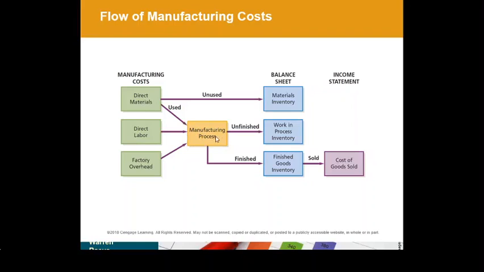After that, the product is unfinished, so it is considered work in process inventory because the goods are not yet completed, they are half completed. If the goods are already completed and finished, they go under finished goods inventory. Once sold, that is considered cost of goods sold under the income statement.